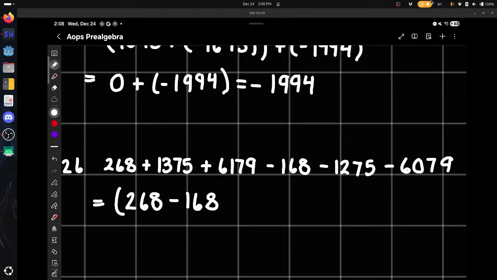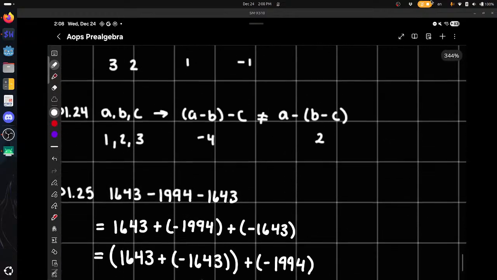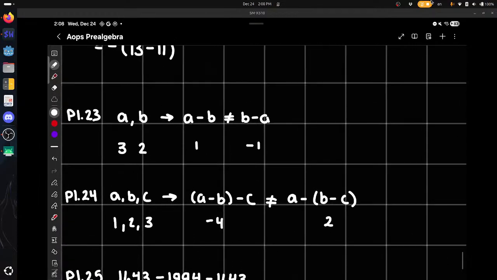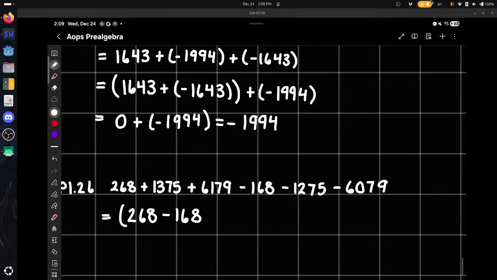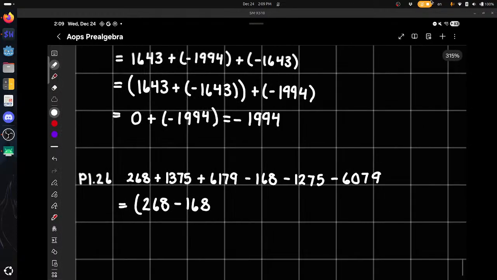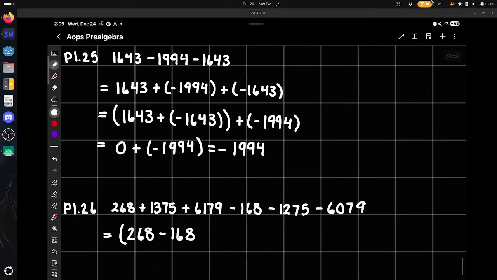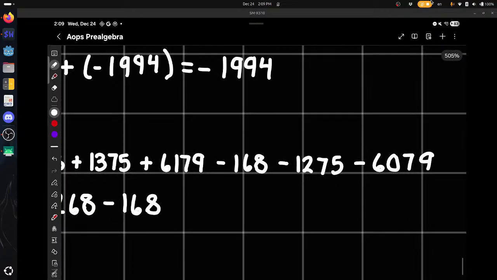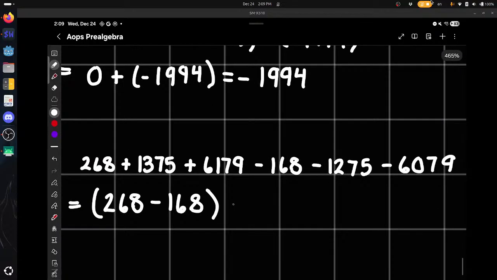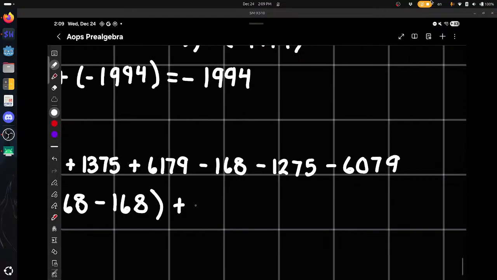This is actually kind of weird though, because we just showed that subtraction isn't commutative, but we're kind of moving the numbers around. Obviously, it's because we're turning this subtraction to a negation, and that is commutative because we then put a plus sign. But it's just something to think about.